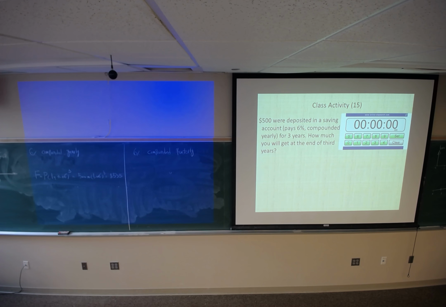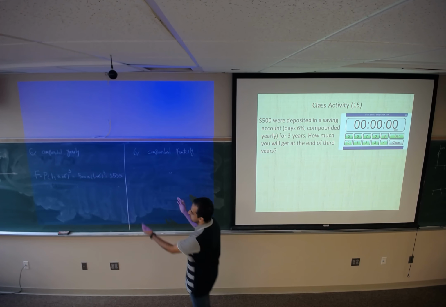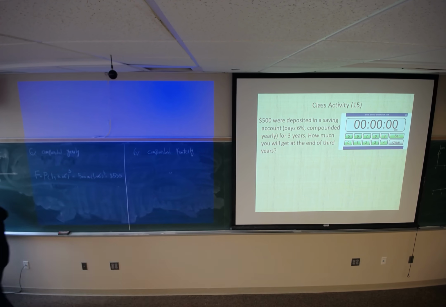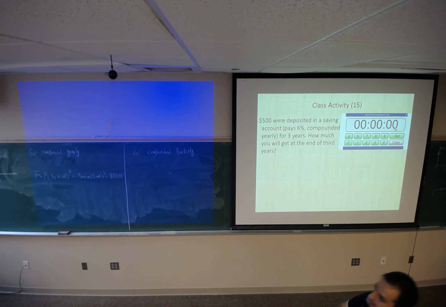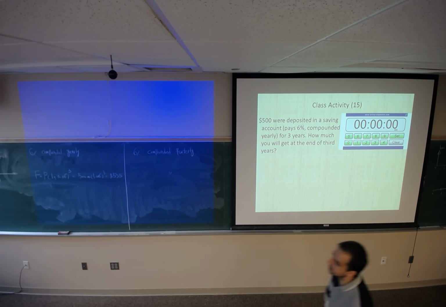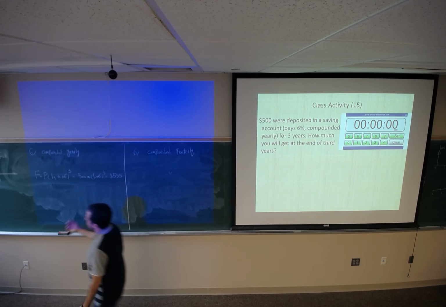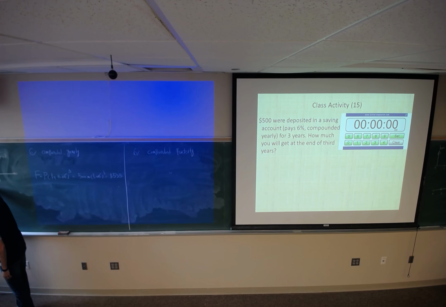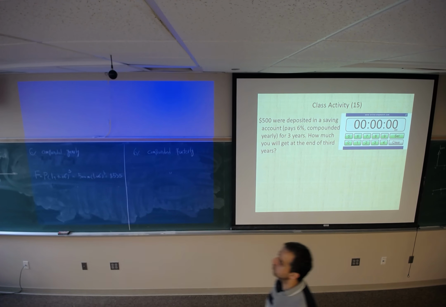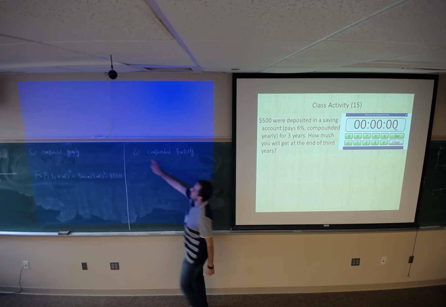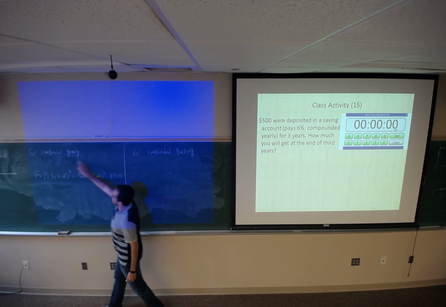After 3 months, they calculate the interest, put it in your account, and then they go to the second period, which is 6 months from today, and calculate the interest for that and put it in your account. Then they go to the third quarter, and do it for the last quarter as well. Still, they announce that the interest rate is 6%, but the compounding term is different.